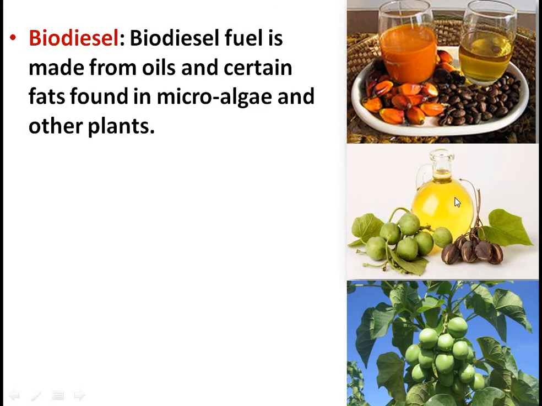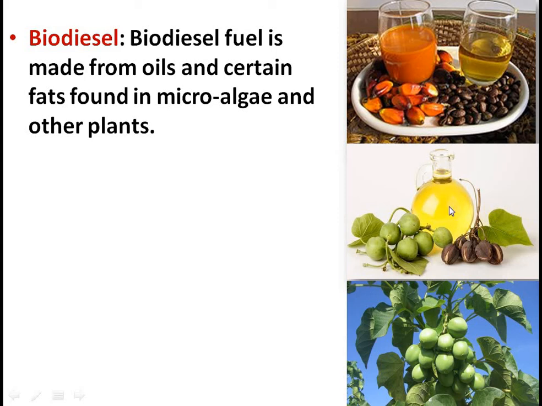And this is what is called jatropha oil. This is also a biodiesel. It is obtained from jatropha trees. This is a raw jatropha tree seed, and this is a dried jatropha seed. And this is the jatropha kernel inside it. From the kernel, by passing through certain extraction mills, you get what is called jatropha oil.